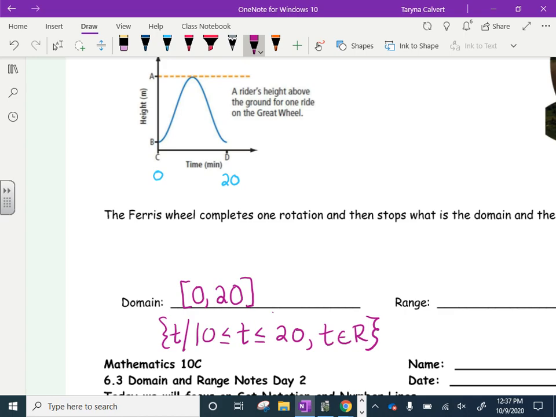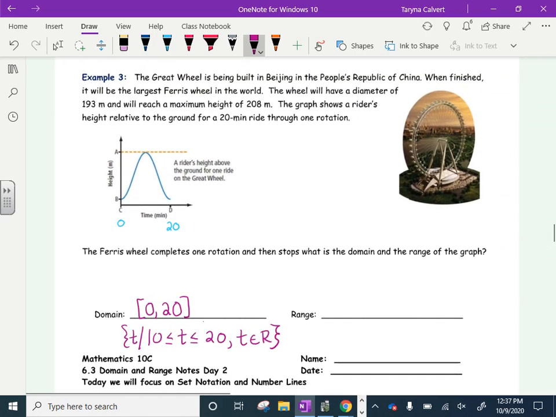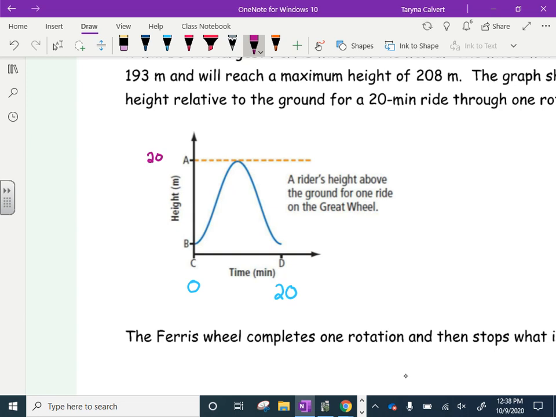Now my range. So this one for height, it does say the wheel has a diameter of 193, and will reach a maximum height of 208. So I know for sure this A value is definitely 208. But what's this B value?